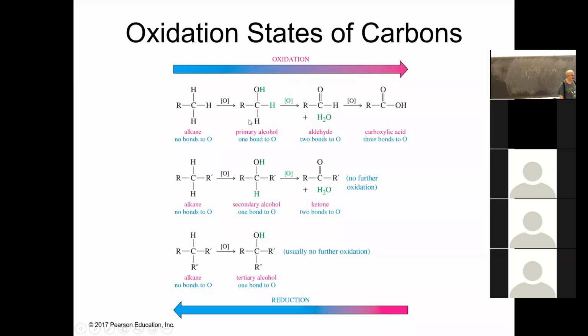So these are the various stages of oxidation. An alkane, specifically the terminal carbon of an alkane, is in its fully reduced state. The first step is oxidation of an alkane to a primary alcohol, then an aldehyde, then a carboxylic acid.